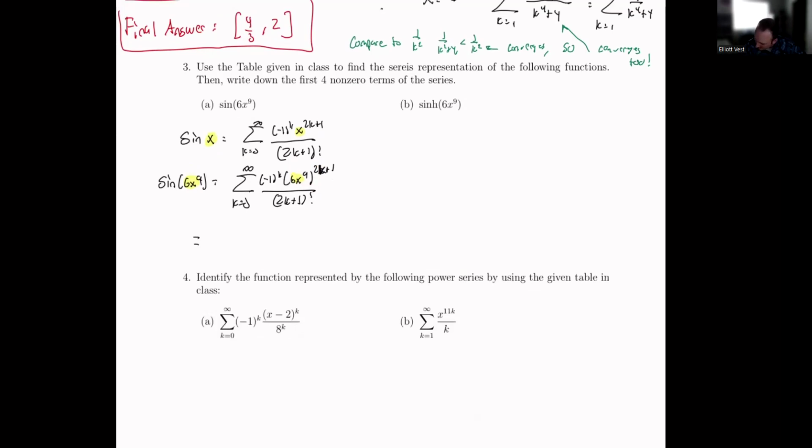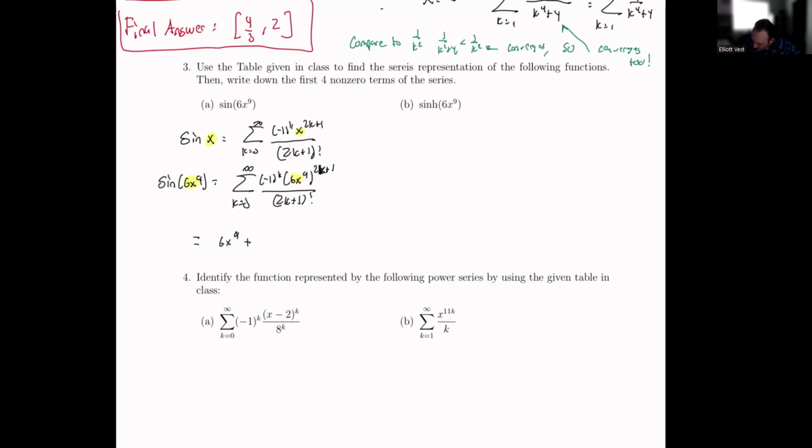When k equals 0, that becomes positive. So this is 6x to the ninth over, plugging in 0, 1 factorial, so 6x to the ninth.